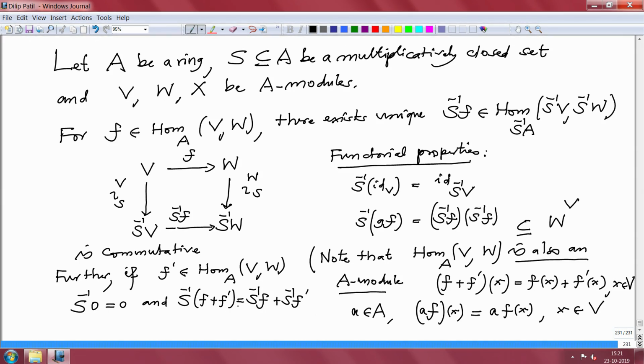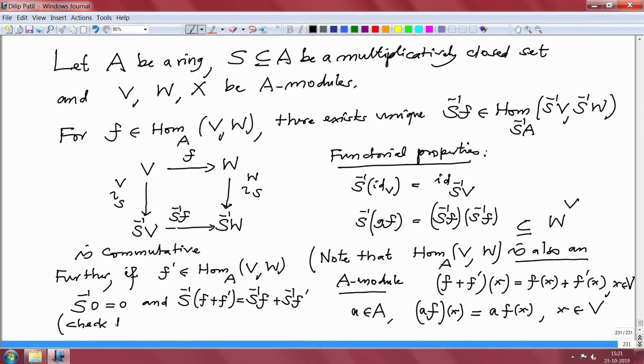This is also very easy to check. You want to check these two maps are equal, just evaluate at any x over s: you evaluate f plus f prime at the numerator, and the denominator is the same, and similarly here, and then you can just check these equalities.